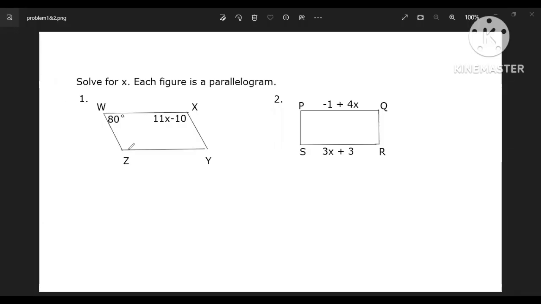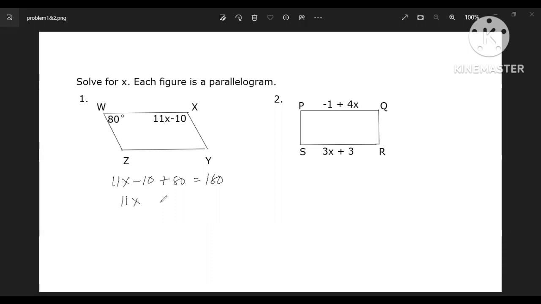Okay, so let us try the following problems by applying the properties that we have discussed. We are given the parallelogram WXYZ, given two angles, 80 degrees and 11x minus 10. Since they are consecutive, then they are supplementary, di ba? So we have 11x minus 10 plus 80 is equal to 180.